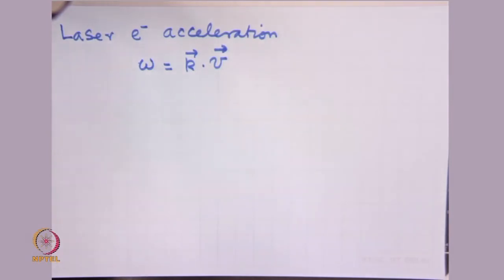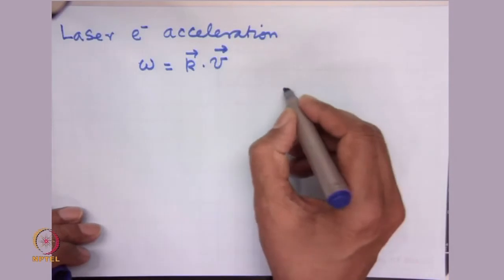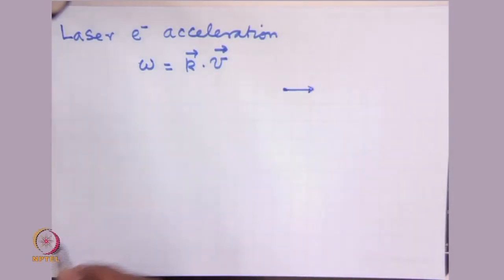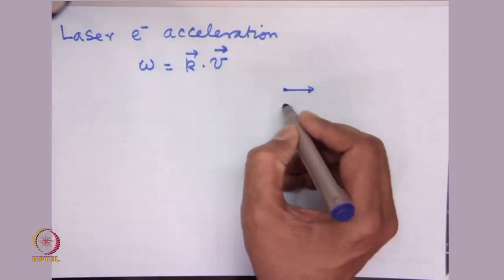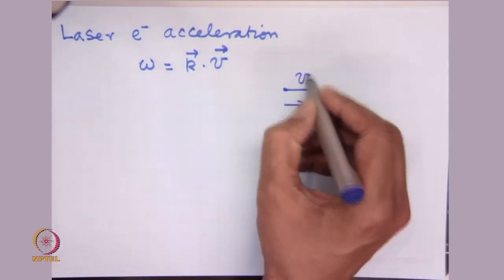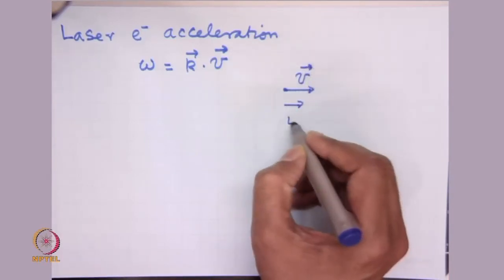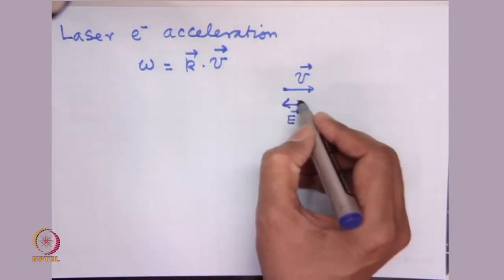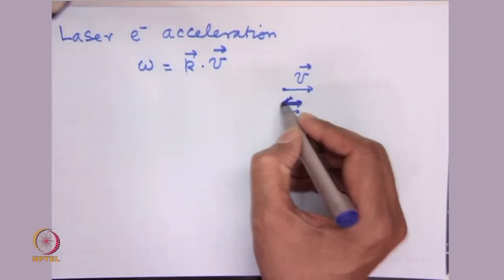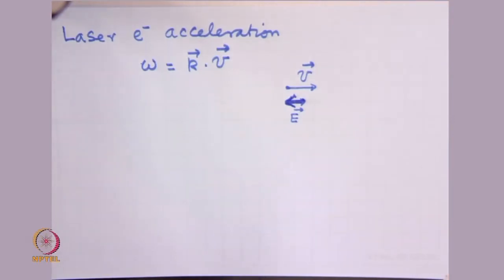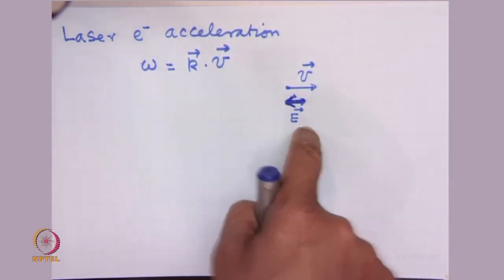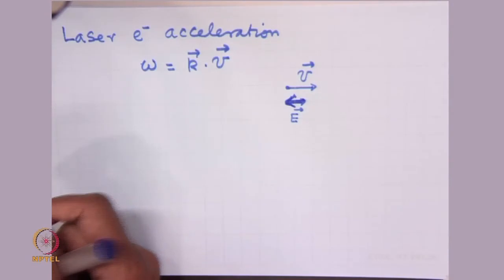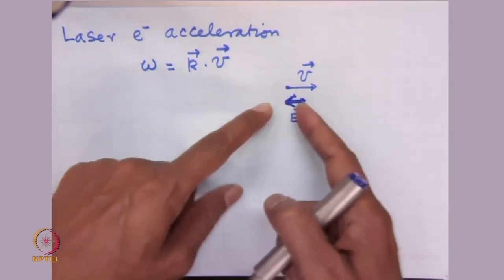The thing is that if I have a moving electron going in this direction and I want to accelerate it by a wave, then I need a wave that has a component of electric field in this direction. This is the direction of electron velocity, and I want the electric field also to be in the same direction, or rather opposite direction, so that the force is in the forward direction. If I want to accelerate this electron, I would like the electric field of the wave to be in the opposite direction, and as the electron moves, this field should also move with nearly the same velocity.